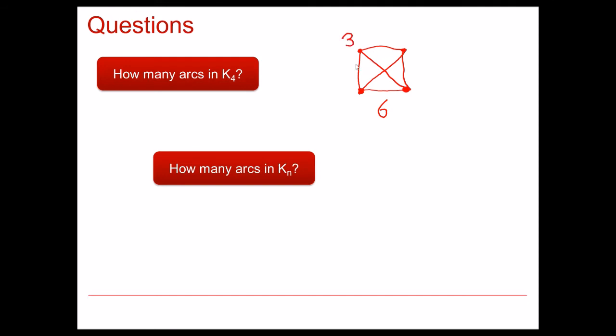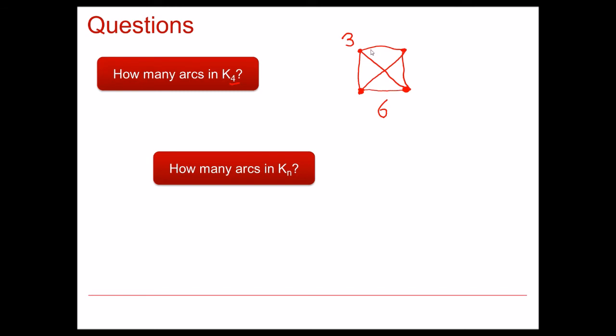Each node's got an order of 3, and that is 1 less than this 4, isn't it? If I was to work out 3 lots of 4, that would give me an answer of 12. But of course these arcs are shared. Each arc is shared between 2 nodes, so we'd have to divide that number by 2 to get the answer of 6.